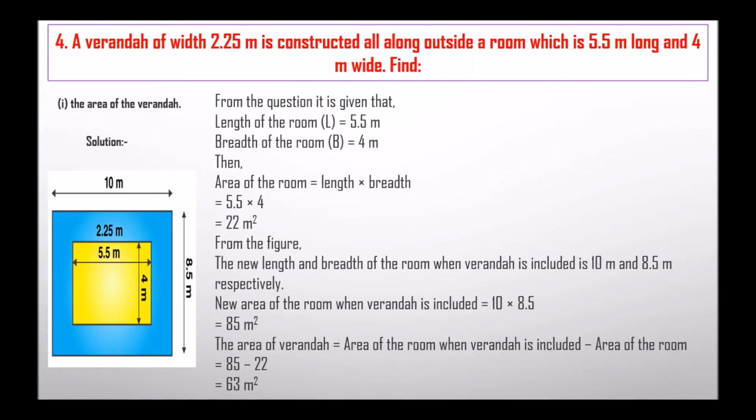New length and breadth of the room when veranda is included are 10 meter and 8.5 meter. So new area of room when veranda is included is 85 meters square. Area of veranda equals area of room when veranda is included minus area of room. So 85 minus 22, that is 63 meters square.